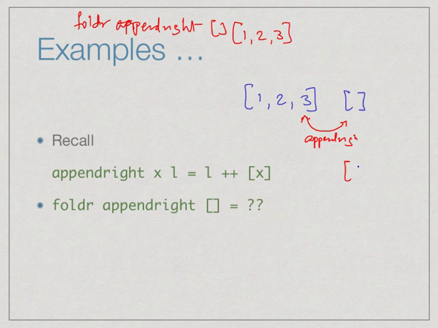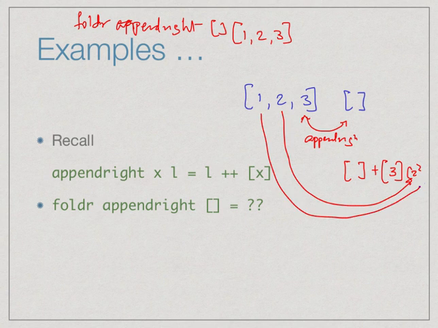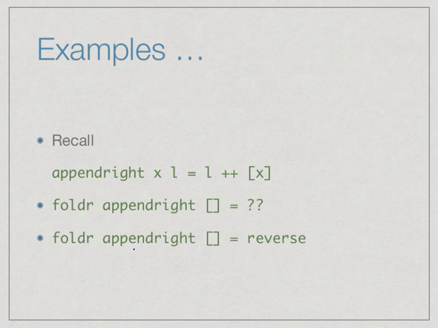So this will give me the element on the right. Now it will take this element and stick it to the right of this, and it will take this element and stick it to the right of this. So what you can see is that append right is shifting each element to the end of the list already created to its right. So in other words, foldr of append right with the empty list is the same as reverse. It just reverses the list.